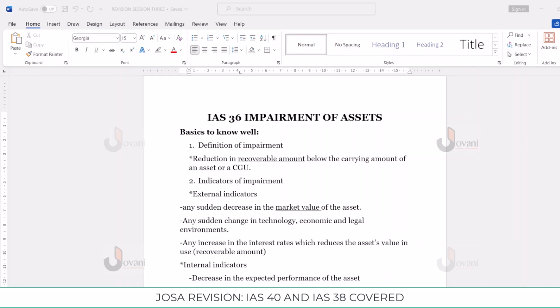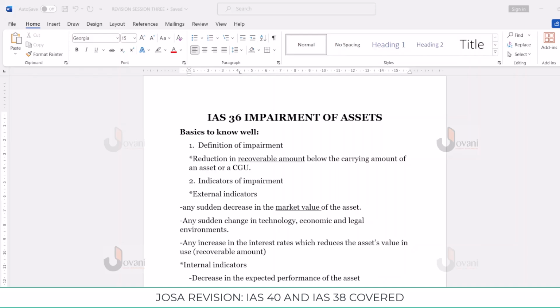Do you think in your books that sewing machine is at a higher value compared to what you can receive when you sell it? I think it's not, because it's damaged. When you take it to the market, can you get the same amount as you recorded in your financials? No, you get a lesser amount. Meaning that the carrying amount at that point becomes higher than the recoverable amount.